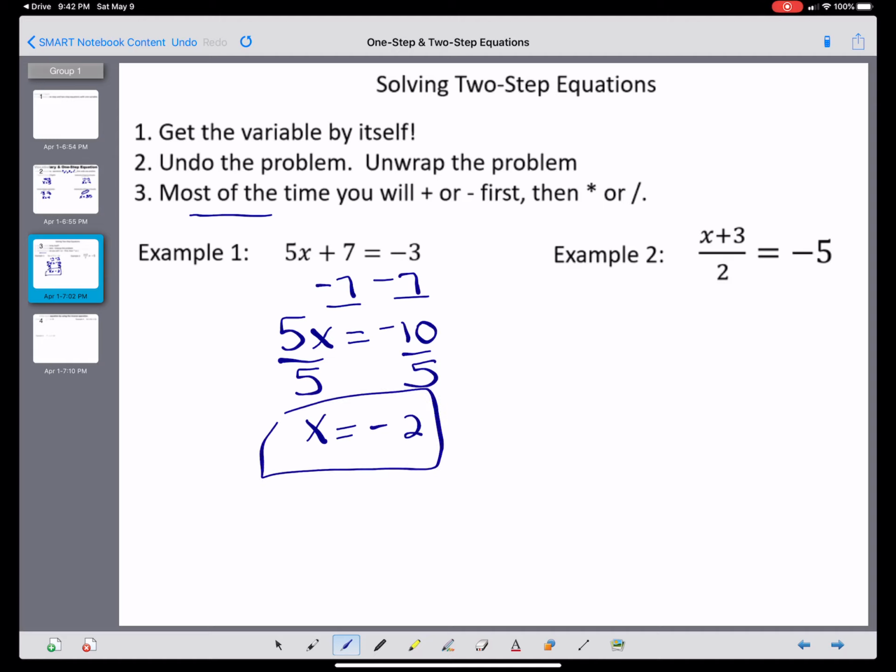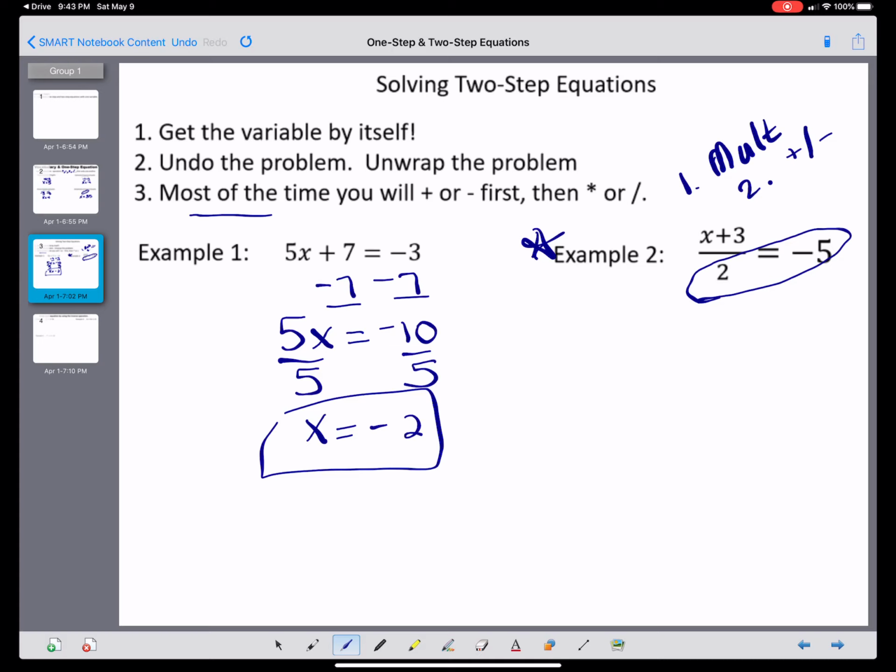Okay, so remember when I said most of the time you need to add or subtract first and then multiply or divide? Well, this is that one example where you're going to multiply first, and then you're going to add or subtract. So what you need to do is multiply these two numbers first.